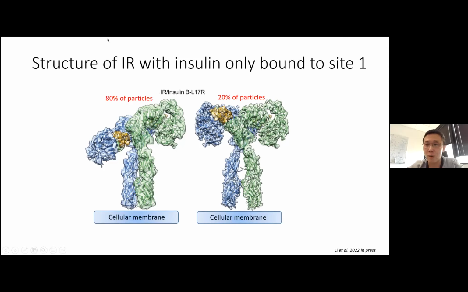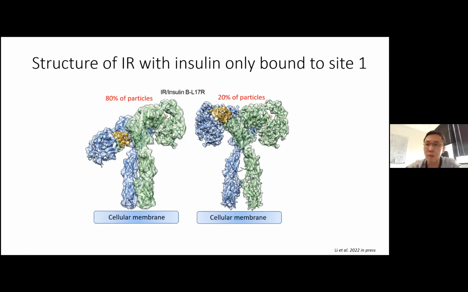But in this structure, because insulin can only bind to SET1, the important information we learn is that the majority of the particles adopt an asymmetric conformation. You can see 80% of particles adopt this asymmetric conformation, and only 20% adopt the symmetric conformation.